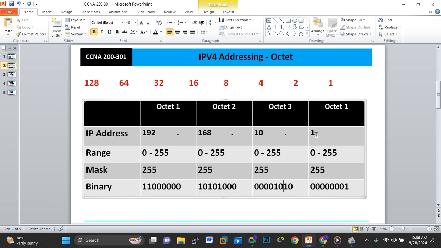When PC converts this 1 to binary, it will appear this way. Now, for the binary numbers, we need to learn how to convert these digits from decimal to binary numbers.